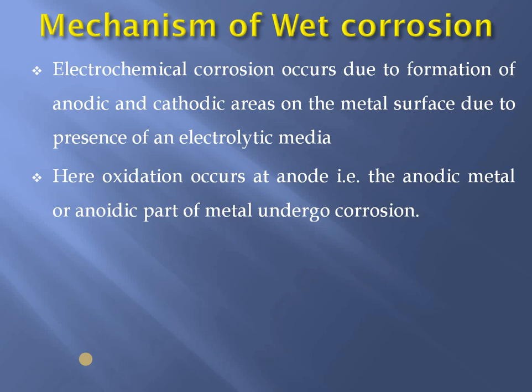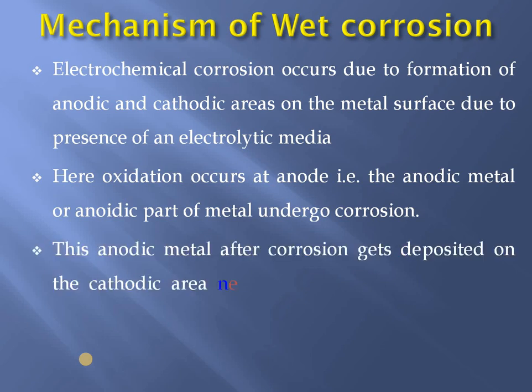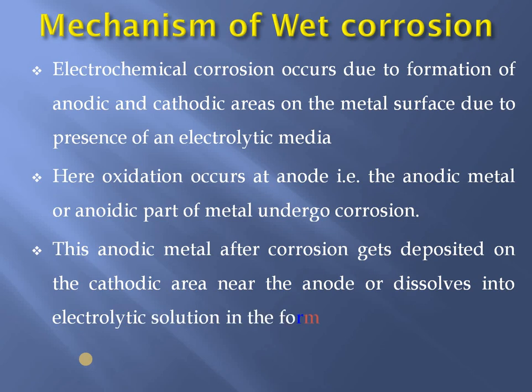So here oxidation occurs at the anode, that is, the anodic metal or anodic part of the metal undergoes corrosion. This anodic metal after corrosion gets deposited on the cathodic area near the anode or dissolves into the electrolytic solution in the form of metal cation.